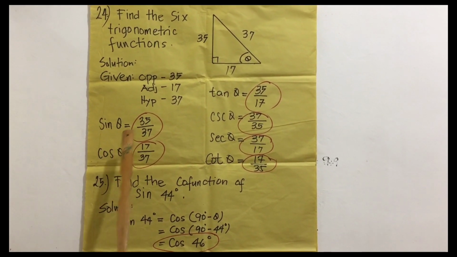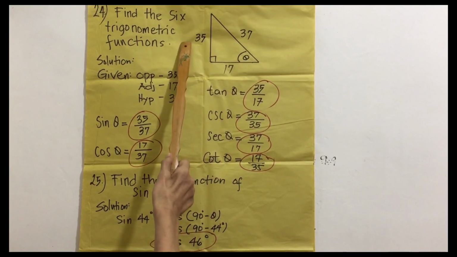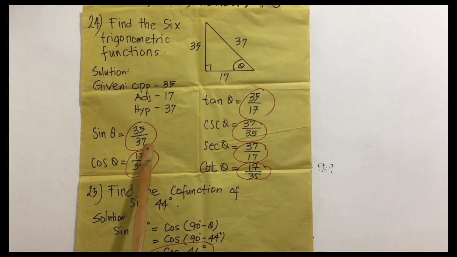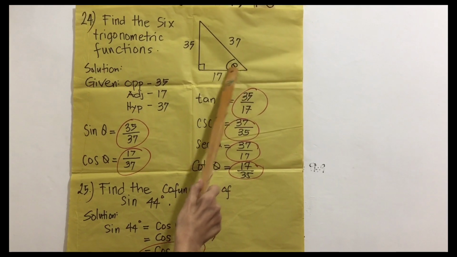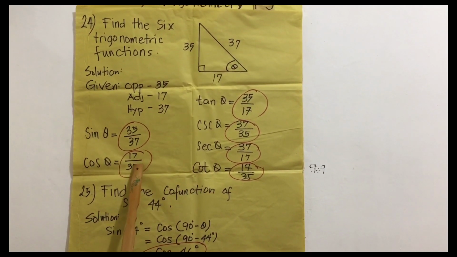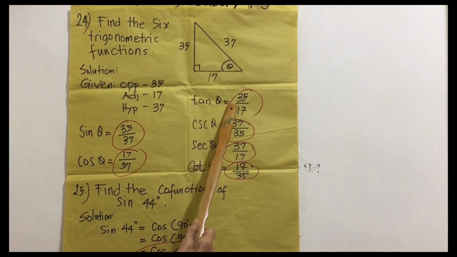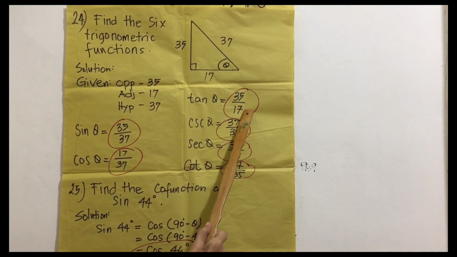Then our formula for finding the sine theta is the opposite and the hypotenuse. So that's why we have 35 and 37. For the cos theta, we have the adjacent 17 and the hypotenuse, so we have 17 and 37. And for the tangent theta, we have the opposite and adjacent, so we have 35 and 17.